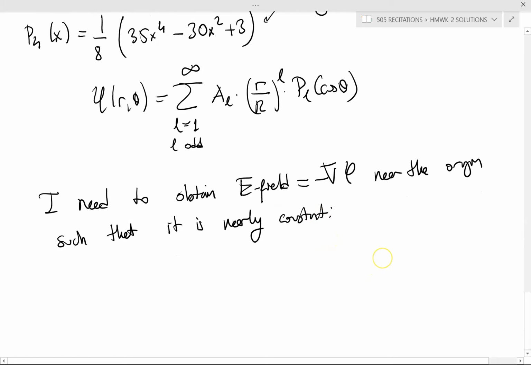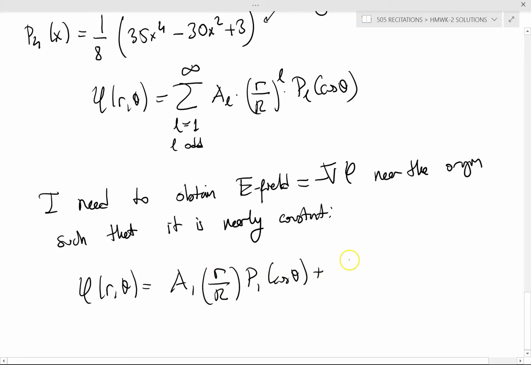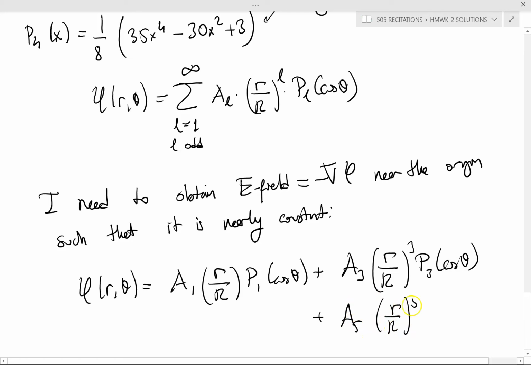You see, for the first order, A1 (r over R) P1 cosine theta plus A3 (r over R) cubed P3 cosine theta plus A5 (r over R) to the fifth P5 cosine theta.